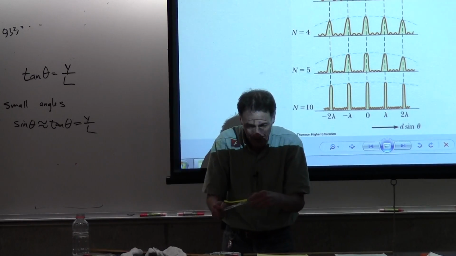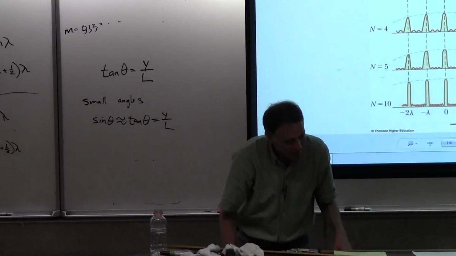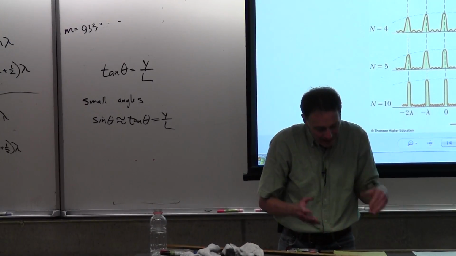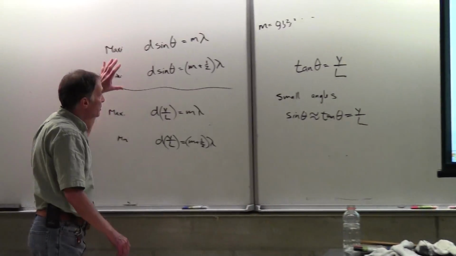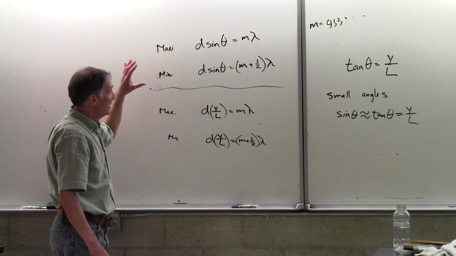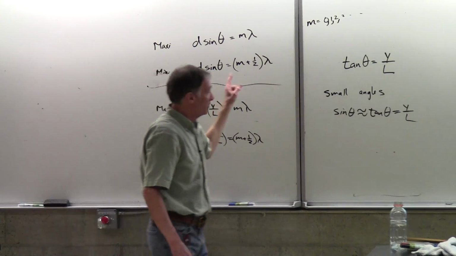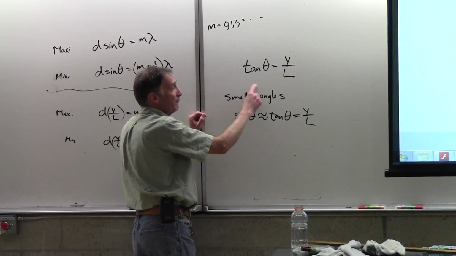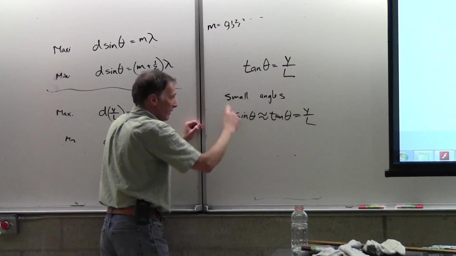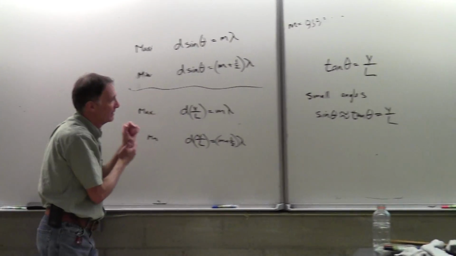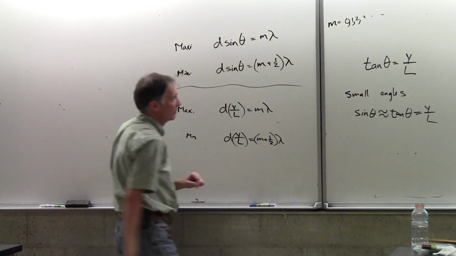You have a homework problem on that. But the idea of all the stuff that's developed here applies to diffraction gratings as well. But if you have a diffraction grating problem, first go do this, get your angle, then go back and figure out what the sine is. Don't automatically assume that it's a small angle.